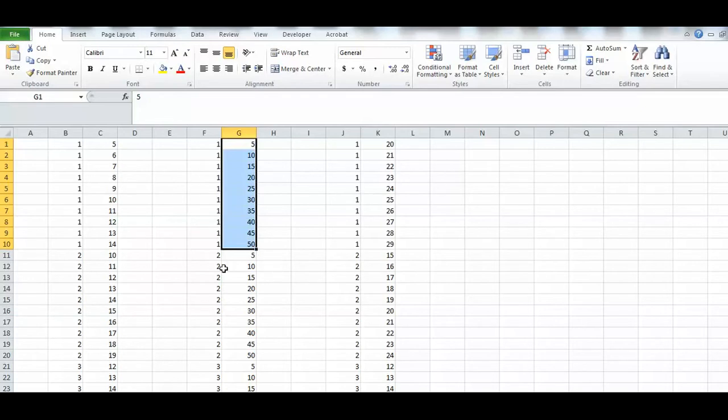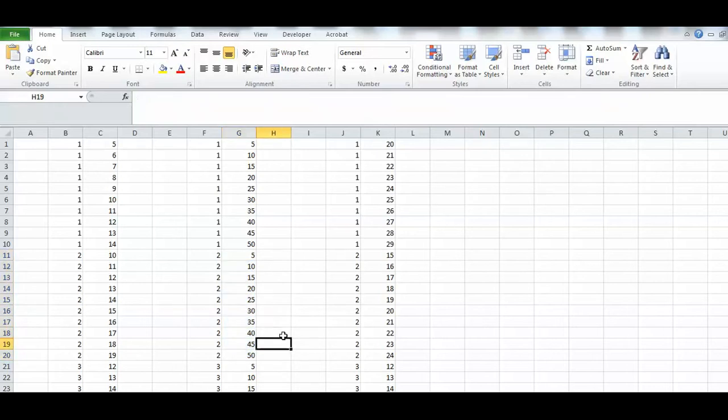But if we look at the 10 people who have 2 children, their hours of work is still going from 5 up to 50 and up by 5s. So overall, these 10 people with 1 child are working the same amount as these 10 people with 2 children.